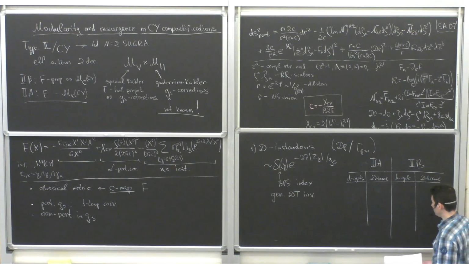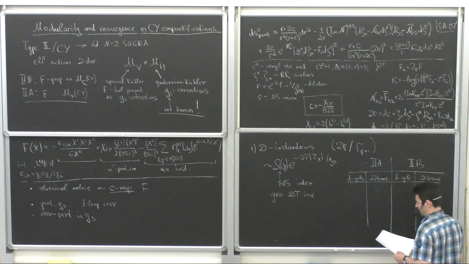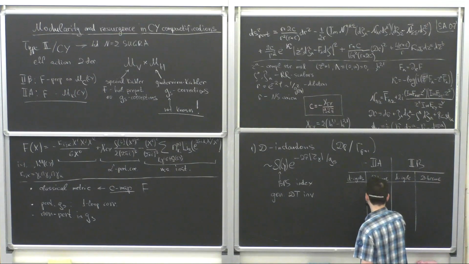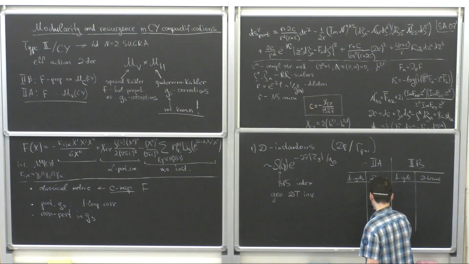And then which kind of D-branes do we have in type 2A? Well, of course, D0, D2, and D4.